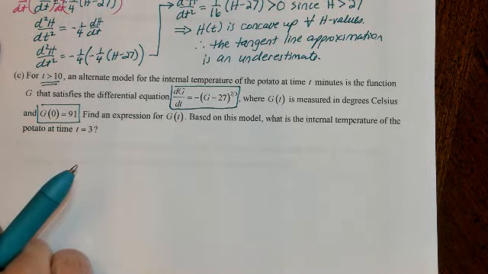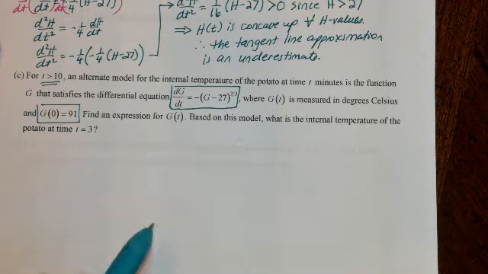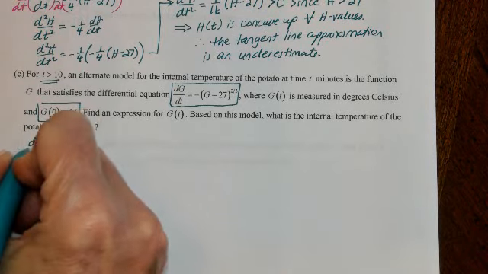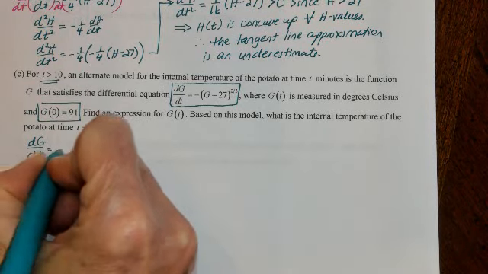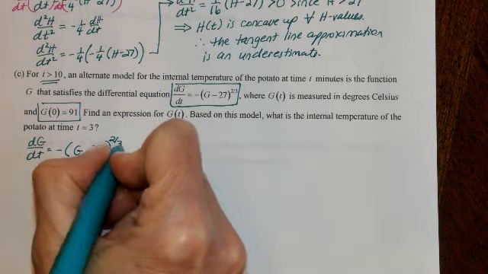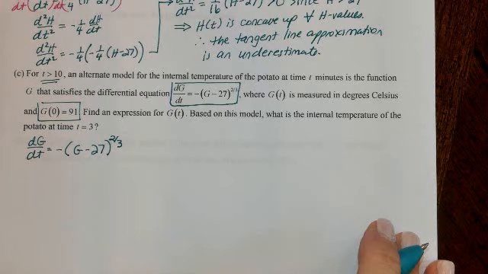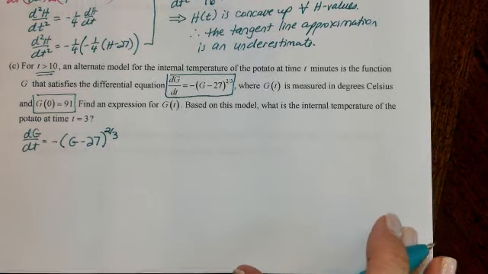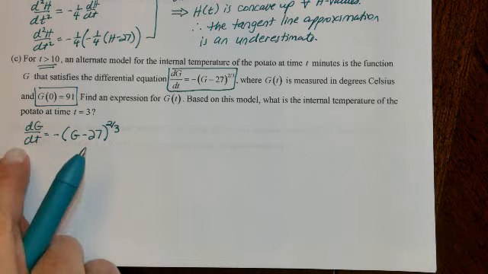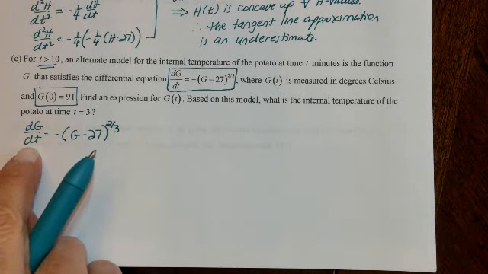This is when we get to earn a lot of points, because this is when we get to solve that differential equation. So I'm going to write the differential equation. And now we separate and integrate. I'm going to begin by moving my g's to the left and multiplying both sides by dt.